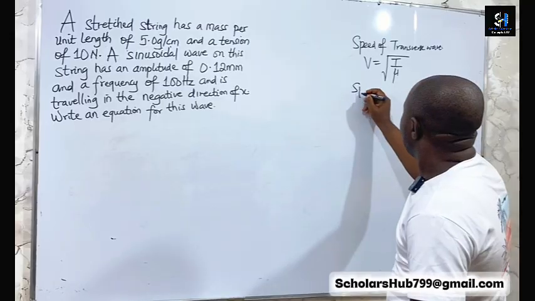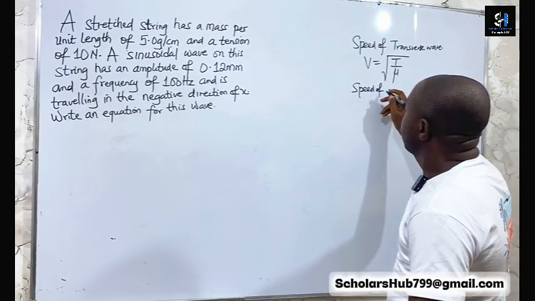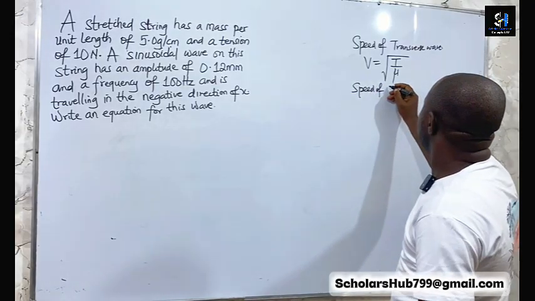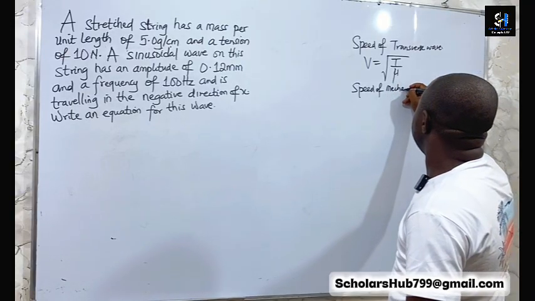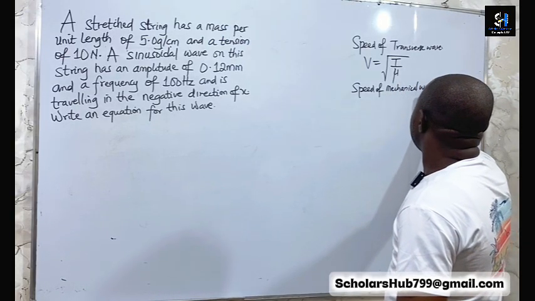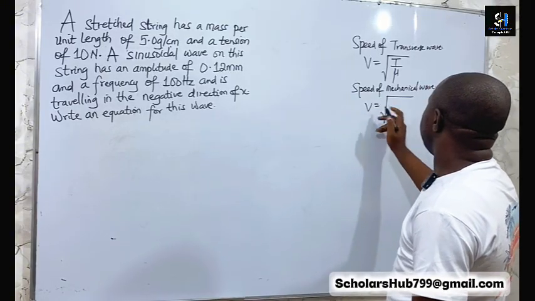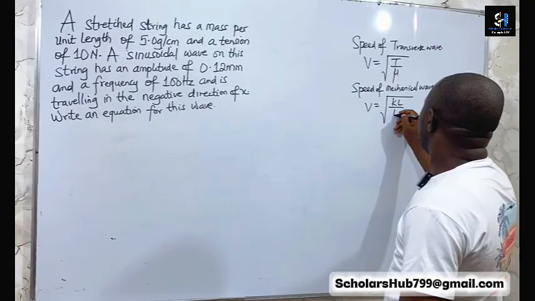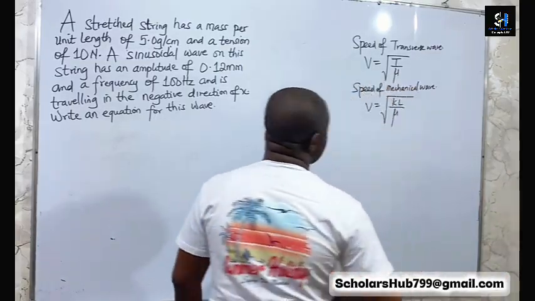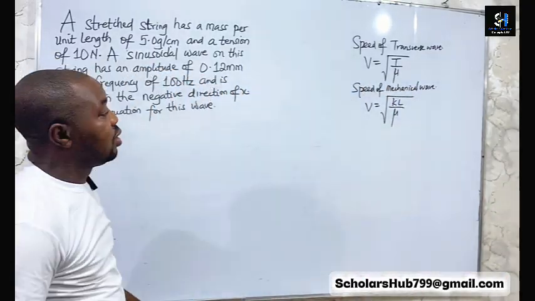Then, it depends on the question. We also have what we call the speed of a mechanical wave, which is v equals the square root of KL divided by mass per unit length, where K is the spring's constant.